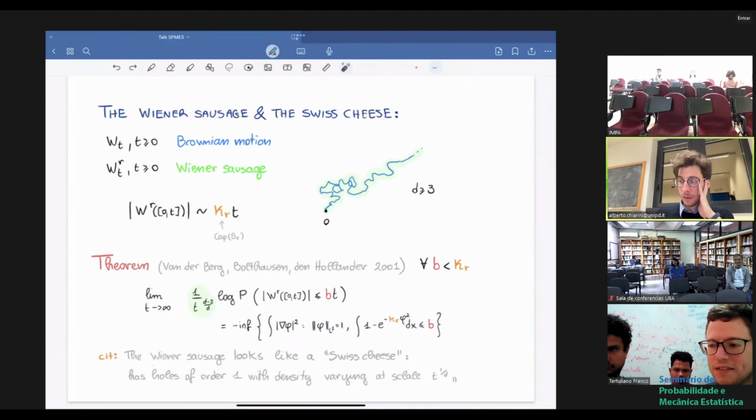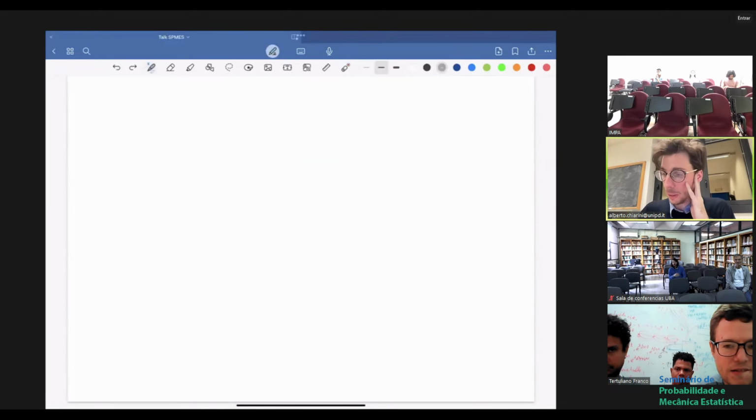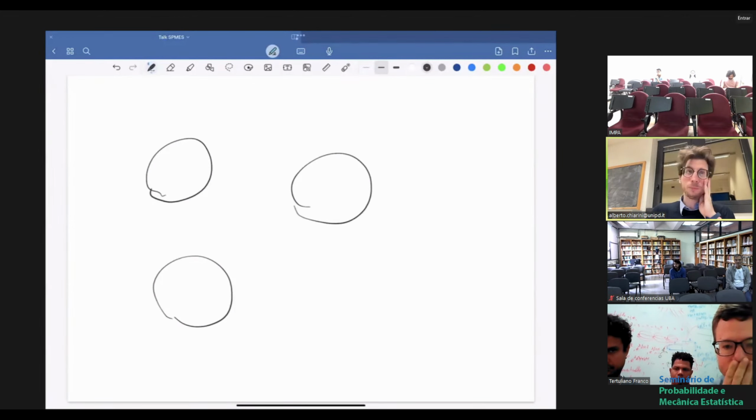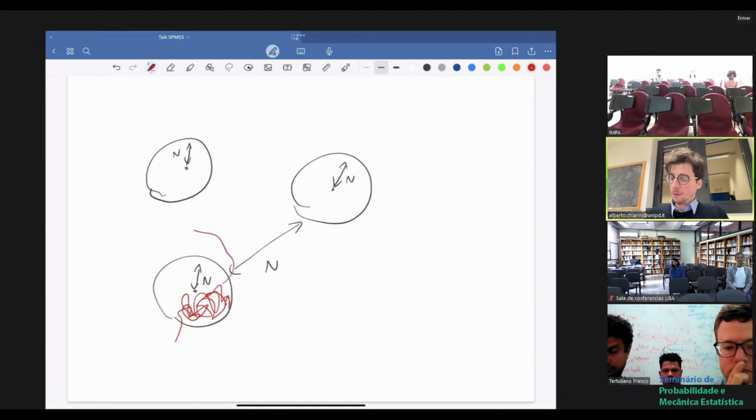And so what we could do, let me take maybe a new page, is say, well, let's try to ask the same question, but let's put more balls. The balls are at distance n from each other and are macroscopic in the sense that they have radius n. And I want to cover each one of them for a sizable portion. Each of them I want to cover a fraction theta.